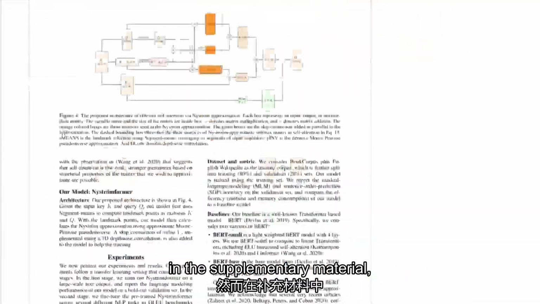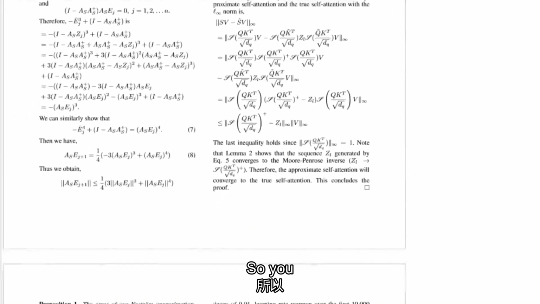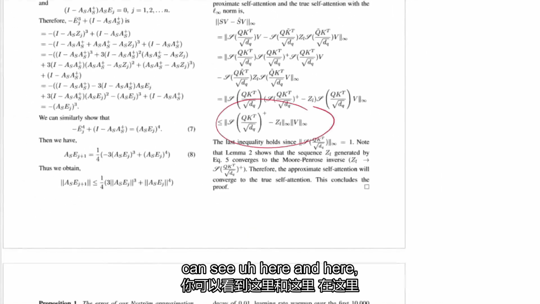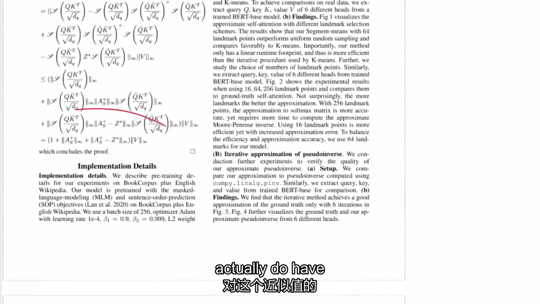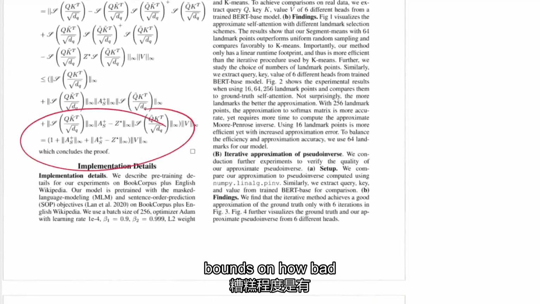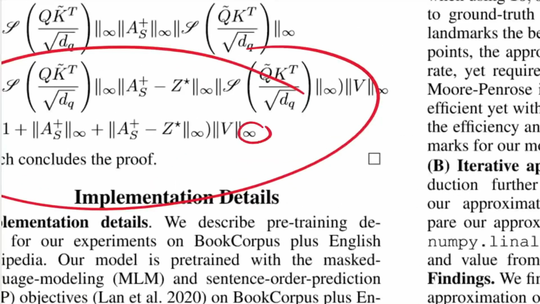However, in the supplementary material, which is astonishingly difficult to find, like it's on GitHub, they do show the actual magnitude of the approximation. So you can see here and here, down here, they actually do have bounds on how bad this approximation is. And it doesn't seem too bad. And yeah, so the bounds are in terms of the L infinity norm.